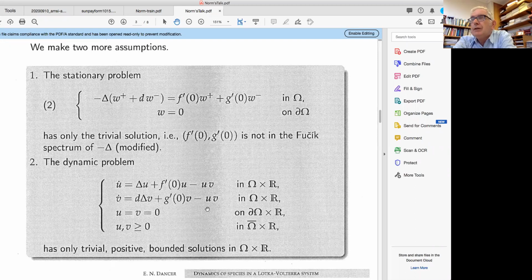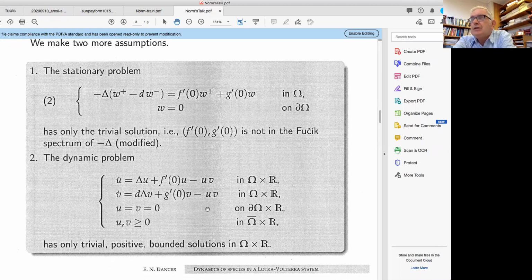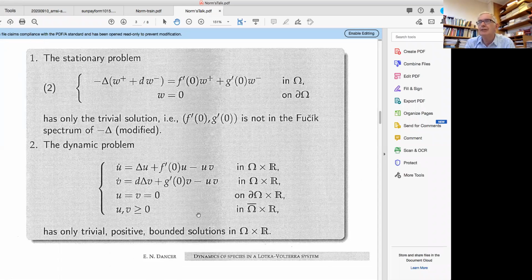And in some sense, if you take the difference, you get something that looks more like a linear equation, as if you subtract, the uv terms cancel out. So you've got something there which you can get some information on. But I don't want to discuss these two.